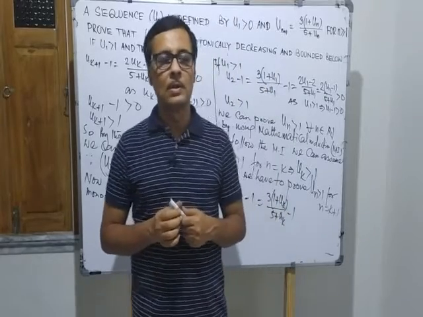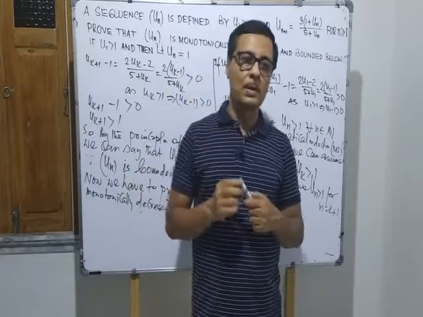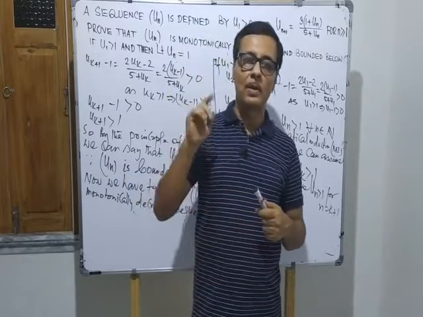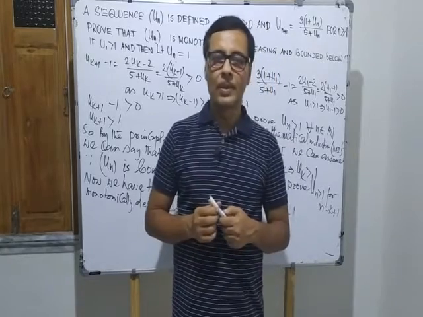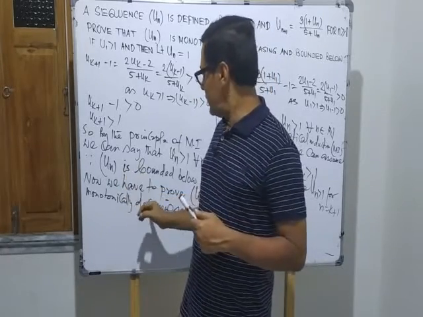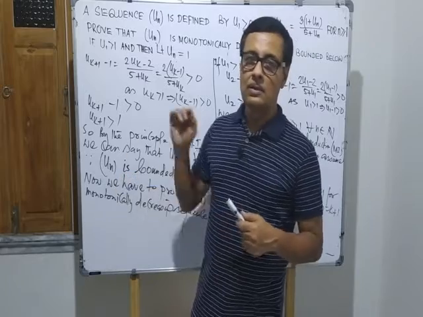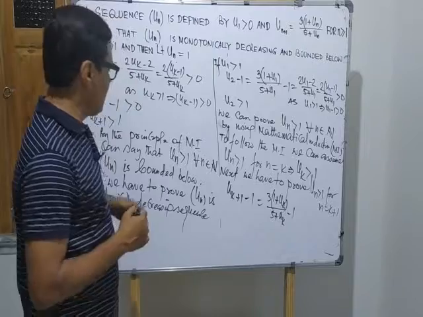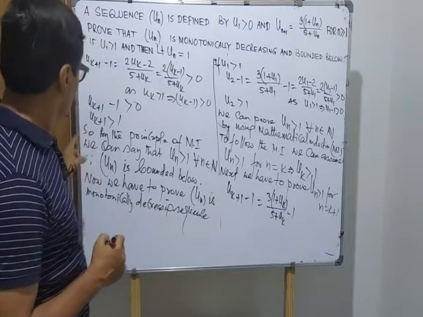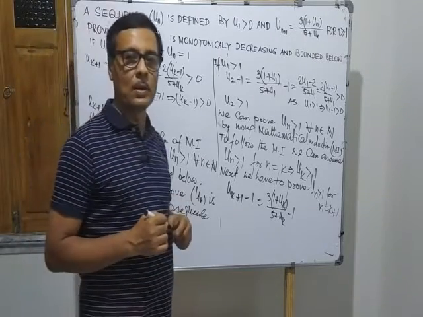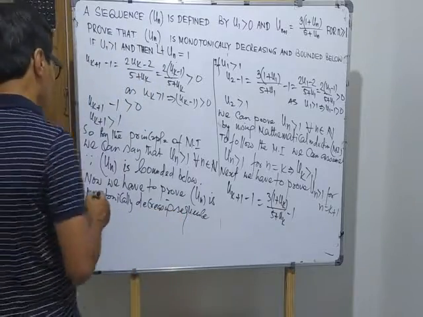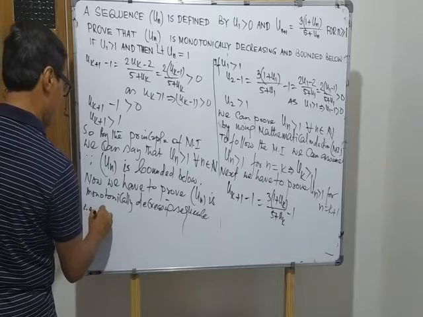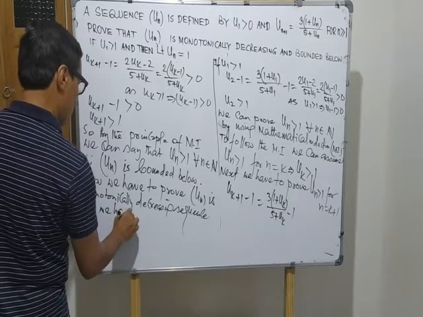A sequence u_n is called monotonically decreasing if u_(n+1) less than u_n for all n belongs to the set of natural numbers. So, we have to prove that u_(n+1) is less than u_n for all n belongs to the set of natural numbers. If we can prove it, then we can conclude that the sequence is monotonically decreasing.